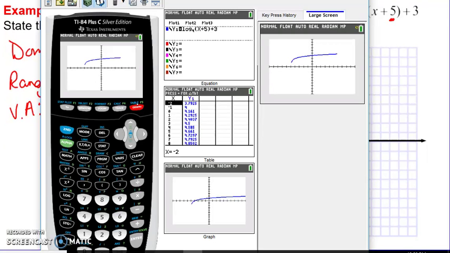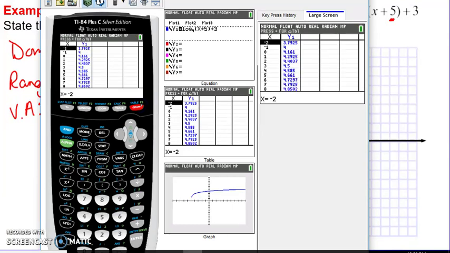From here, I want to look at the table, so second table, and I'm going to choose points. So I may choose -1, -4 maybe, just thinking about what's a whole number. I'll do -4, -3, and -1.